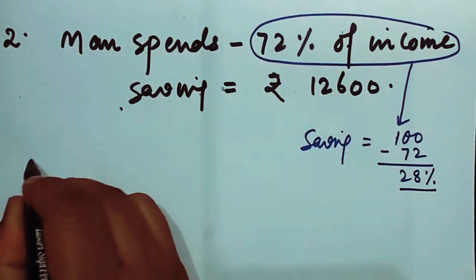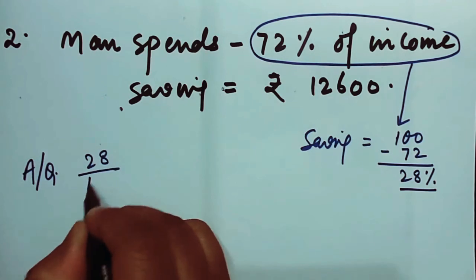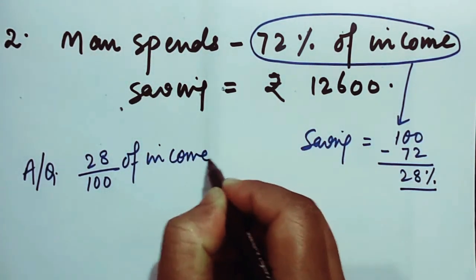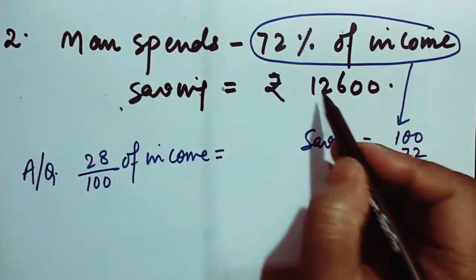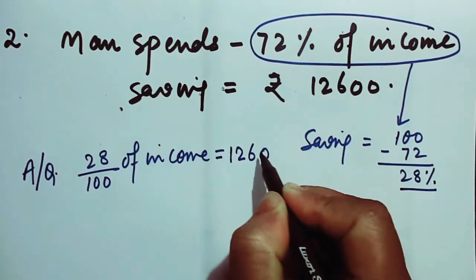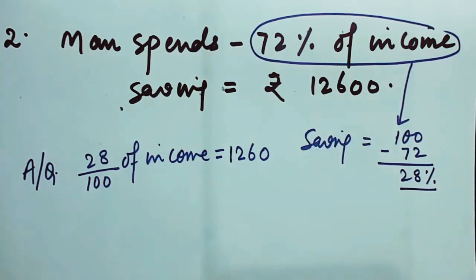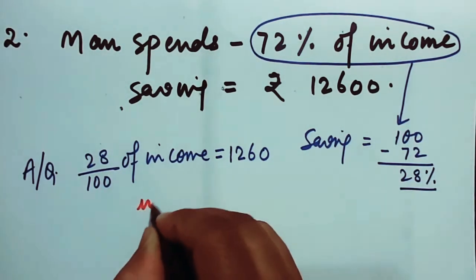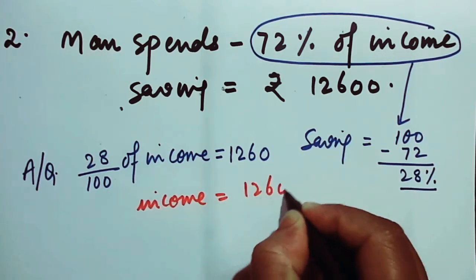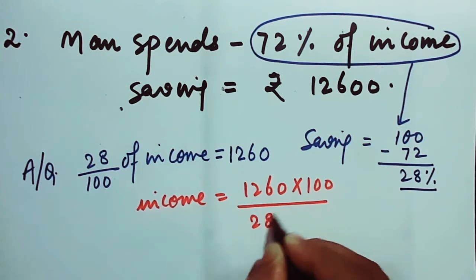So according to the question, 28% of income is equal to 12600, because they have already given you the saving 12600. Therefore income will be equal to 12600 multiplied by 100 divided by 28.